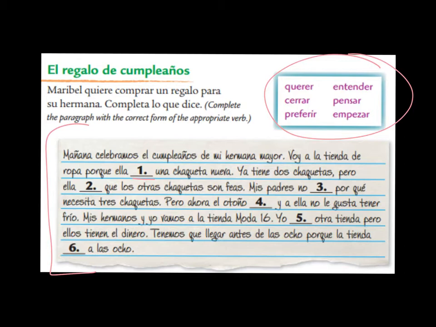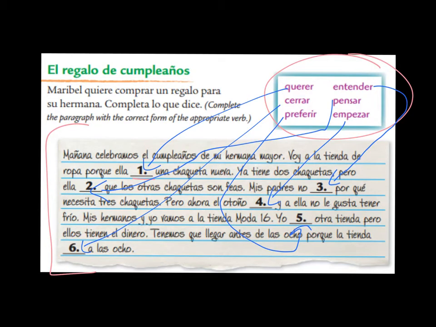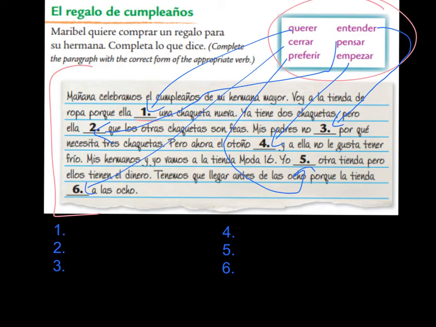I will go ahead and draw the lines to the different blanks so that you can save some time trying to figure out what the whole passage is saying. I want you to conjugate the verbs based on the subject or subject pronouns within the passage. Pause the video, complete this, and then play the video to see if you got them correct. So, number 1.